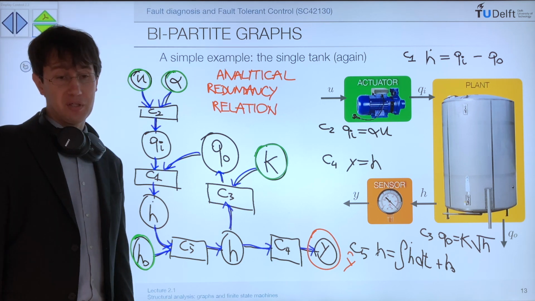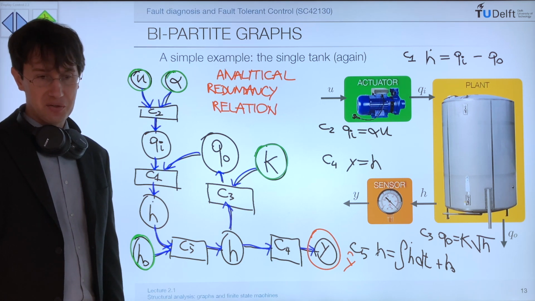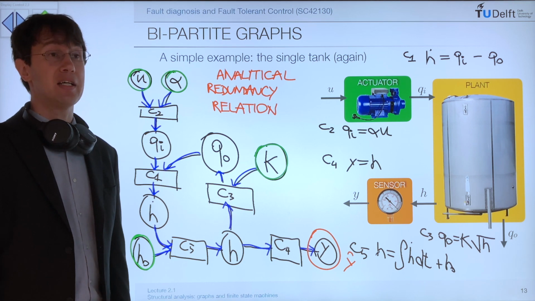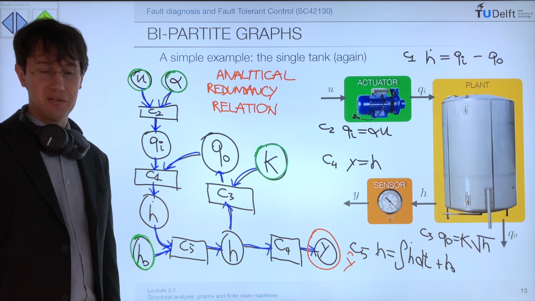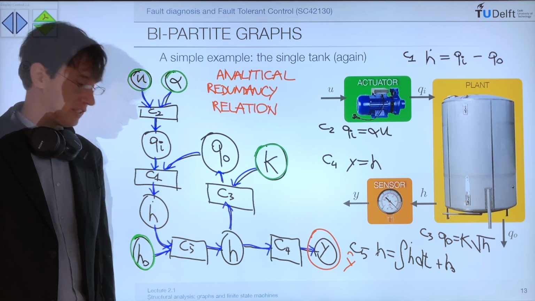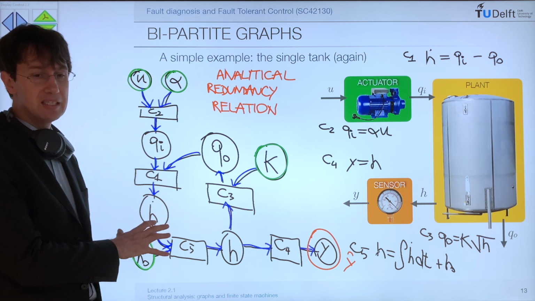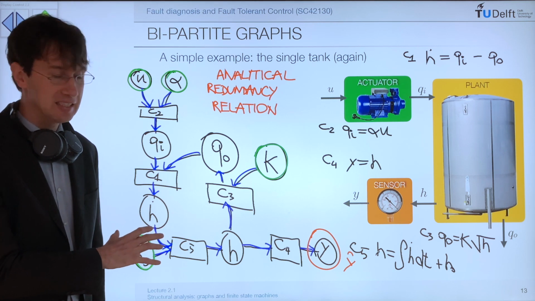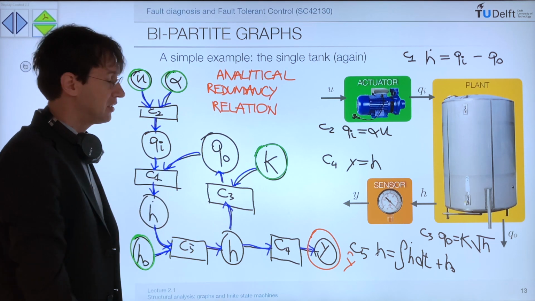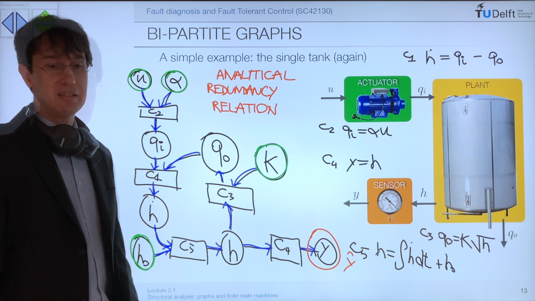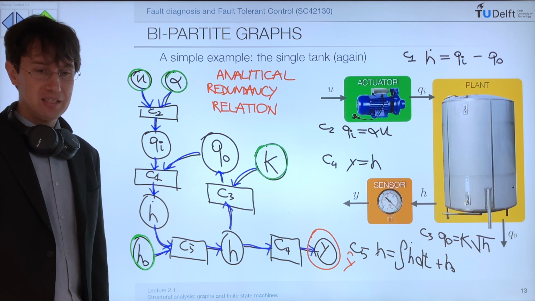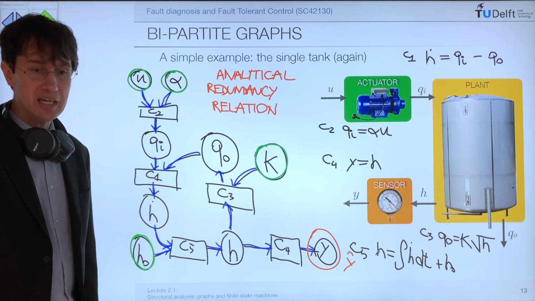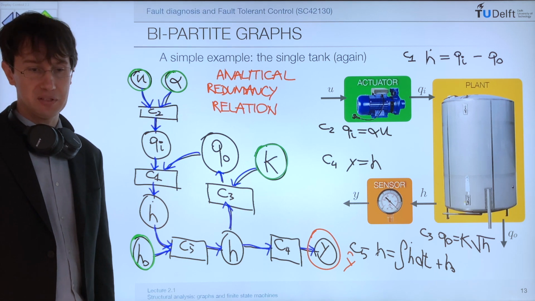And so this is what we are going to do later in the course when we are introducing model-based diagnosis using observers. But the important thing is that first we need to check whether there is a way to get this analytical redundancy relation, and then if there is a way to do it, then it makes sense to build an observer, and then we can do model-based diagnosis.